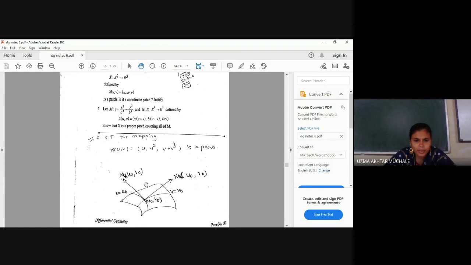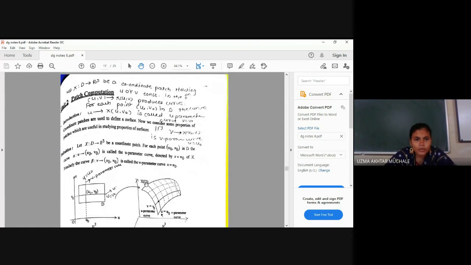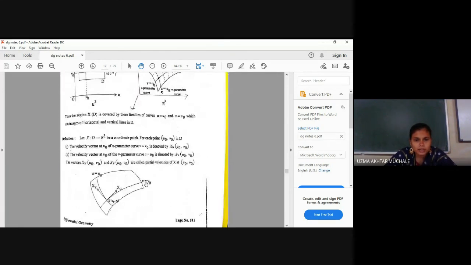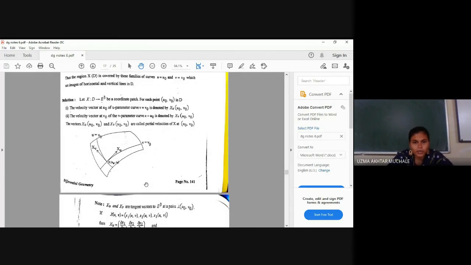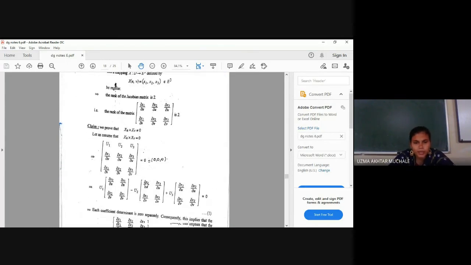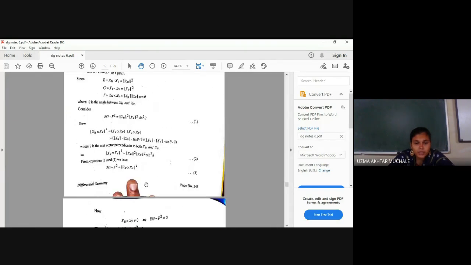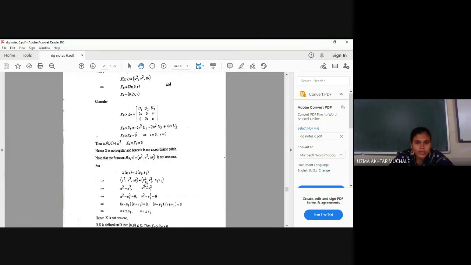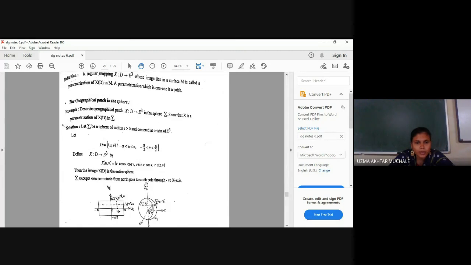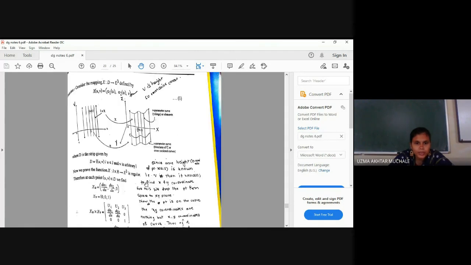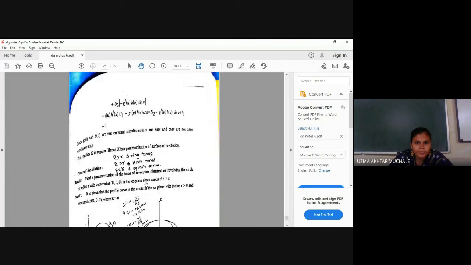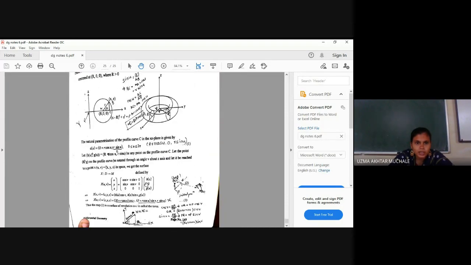Okay. In the next lecture, we'll go for the patch computation. As everyone knows that your exams are declared, you have to complete the syllabus very fast. But still, I'm taking it very slowly because this is somewhat difficult to understand. We have many points to cover. After the patch computation, we have to go for the torus of revolution.